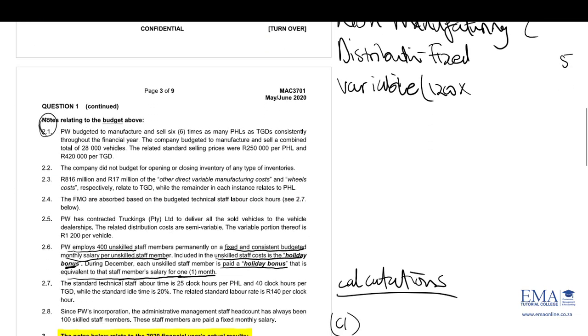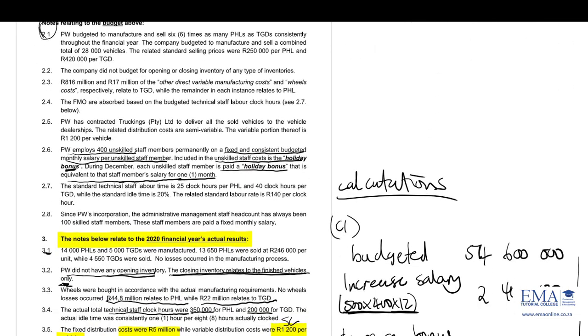We get it on note number 3.1. The actual is here: 13,650 PHLs were sold, while 4,550 TGDs were also sold. So we sold 13,650 plus 4,550. That's the total number of vehicles that we sold actually.